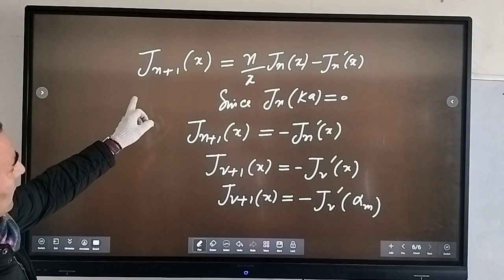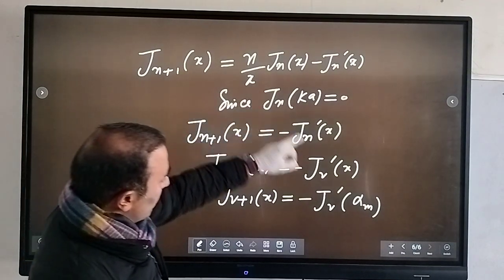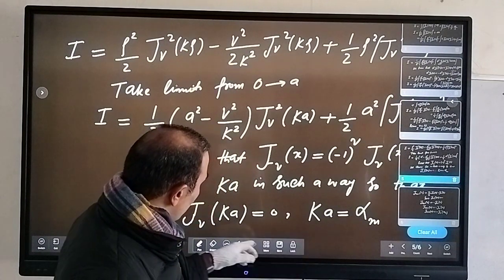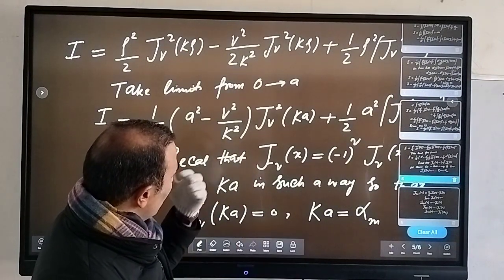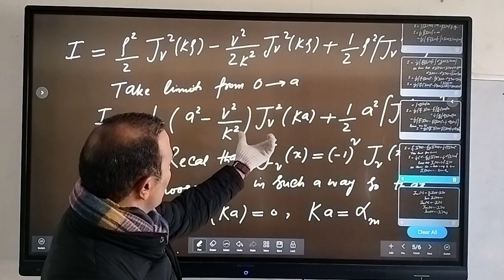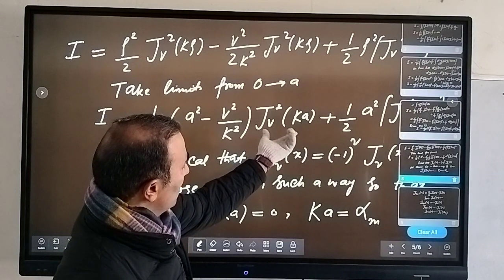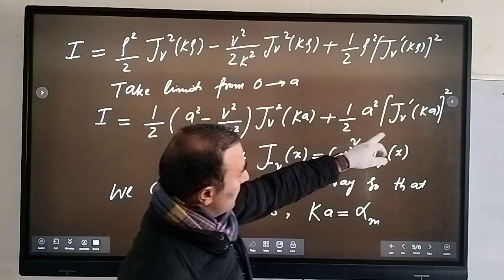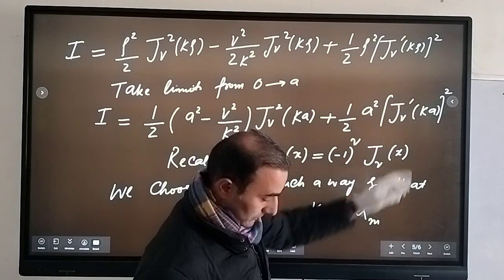Let's have a look at this equation, because we are already getting that Jv of k equals 0. So this term becomes 0. Only we are left with this part, Jv dash of k.